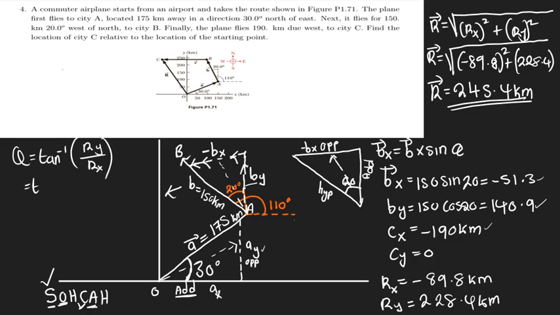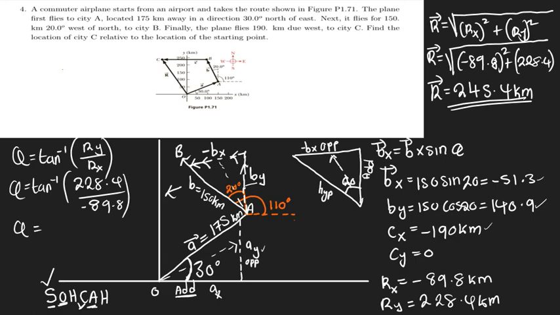This is going to be tan inverse of 228.4 over negative 89.8. How is our theta going to be? So we say shift tan, and then we get 228.4 over negative 89.7.